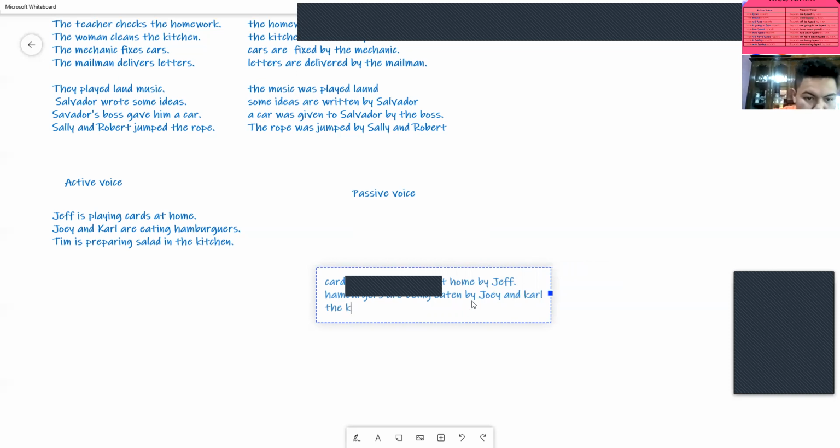Are you sure? What is the object that is going to be the subject? Kitchen. No, ¿no más sería kitchen?